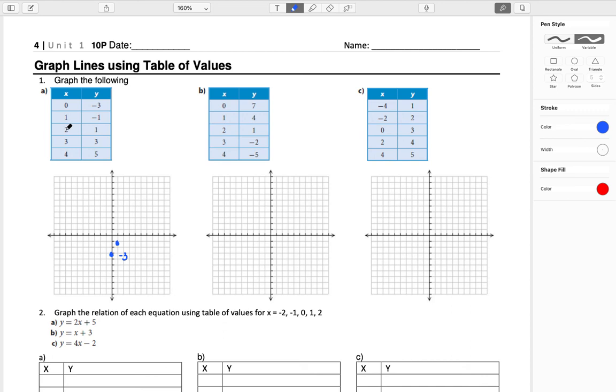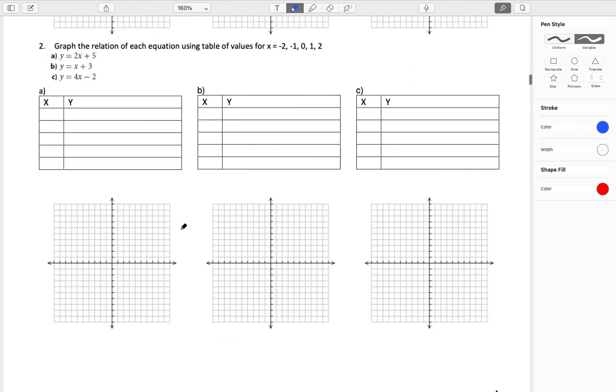When x is 2, my y is 1. And when x is 3, my y is 3. So go to 3 over here, and I'm going to go up by 3, so it will be here. And when x is 4, y is going to be 5. Once you have the points, you can just connect them. So this table of values is actually very easy.